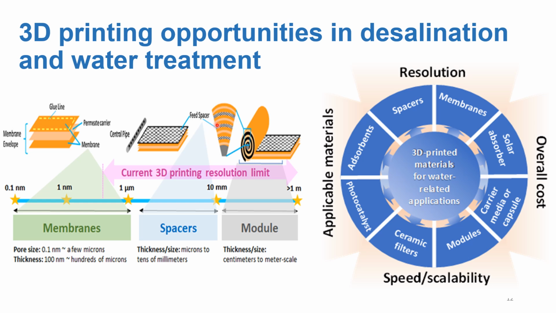And in fact, there are many studies now using 3D printing to fabricate different shapes and designs of feed spacers that could utilize turbulence so that it can act as a self-cleaning process, or even increase the hydrodynamic conditions of the flow, and it can also affect the flux performance.